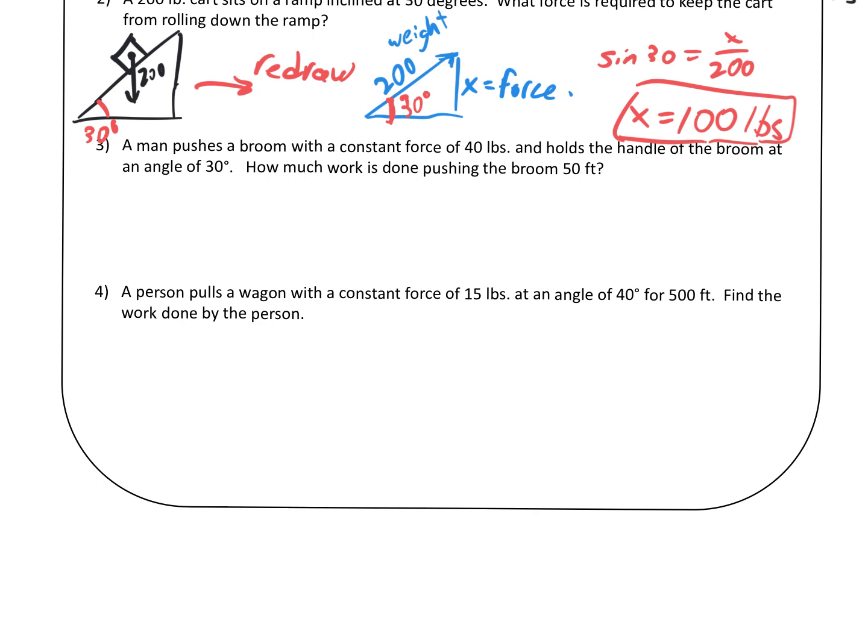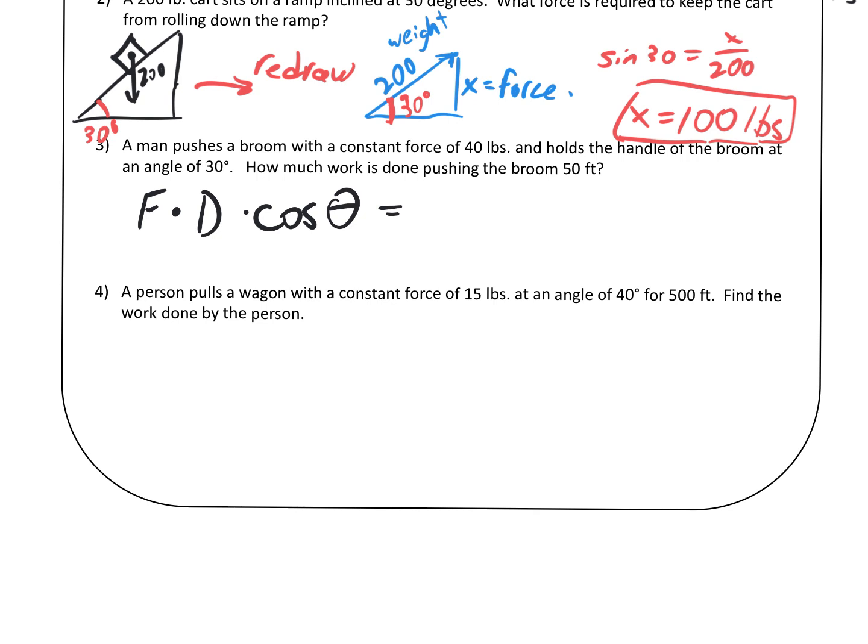The basic idea of work is that it only applies to the distance that an object travels combined with the force in that actual direction. So if you put an angle on the force, not all of it is being applied. Here's our basic setup for a work problem: force times distance times cosine theta. Pretty simple as long as we fill in the information correctly.